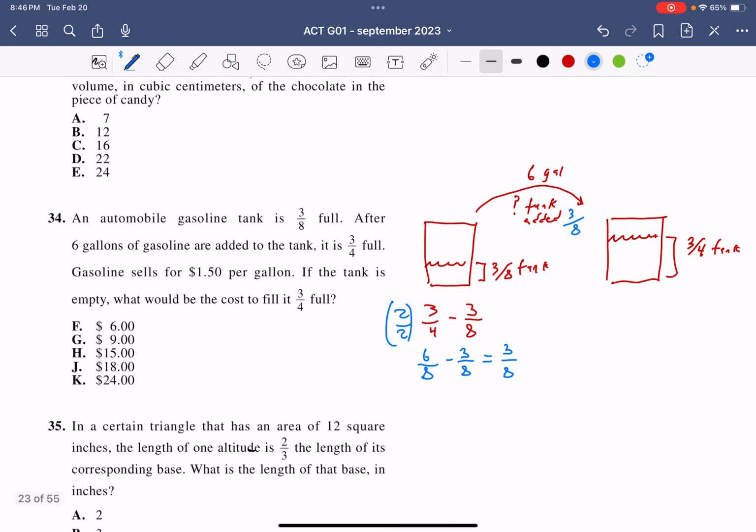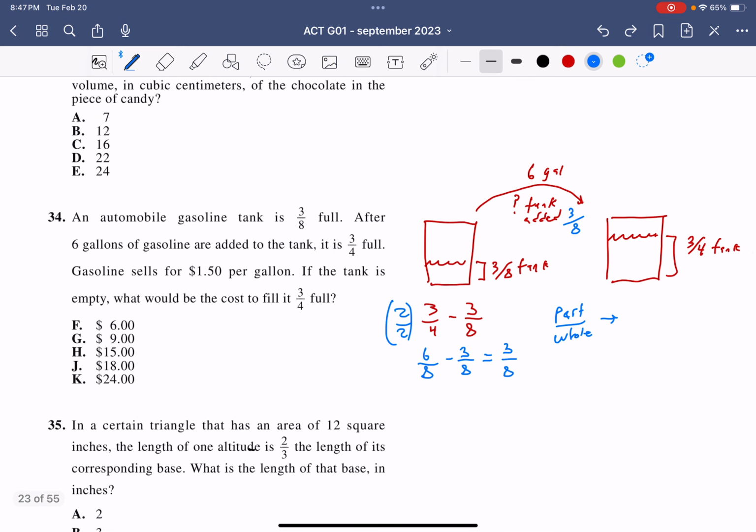Remember, proportions are part to whole. So we will do 3, that's like tank, we'll say 3 parts of the tank to 8 total parts of tank.